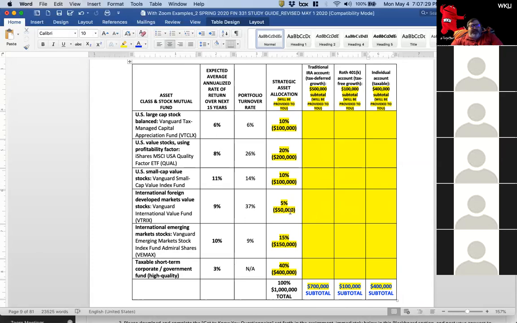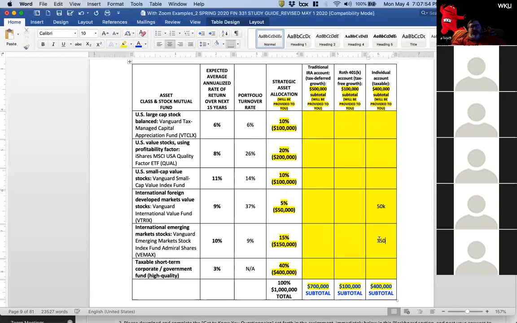We have 50,000 in the Foreign Developed Markets Fund and 150,000 in the Emerging Markets Fund. We want to put those in a taxable account. We have 400,000 that we can put in there. So we're just going to go ahead and put 50K and 150K here. All right. And that takes care of those.